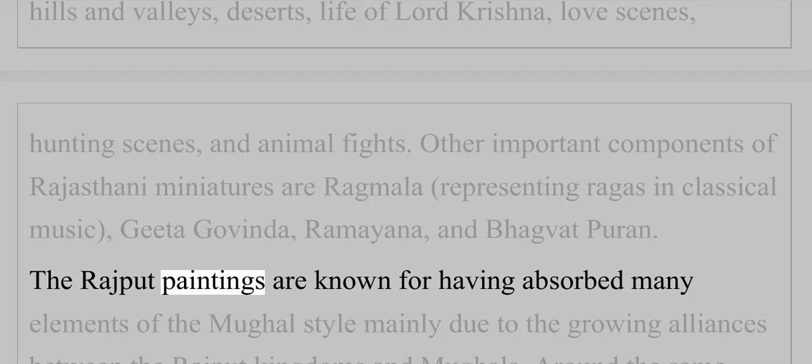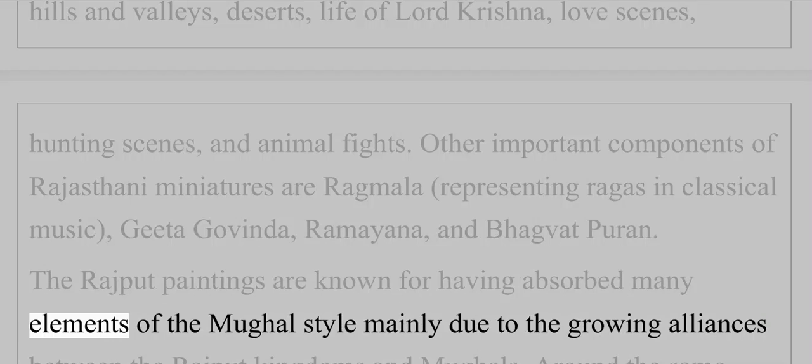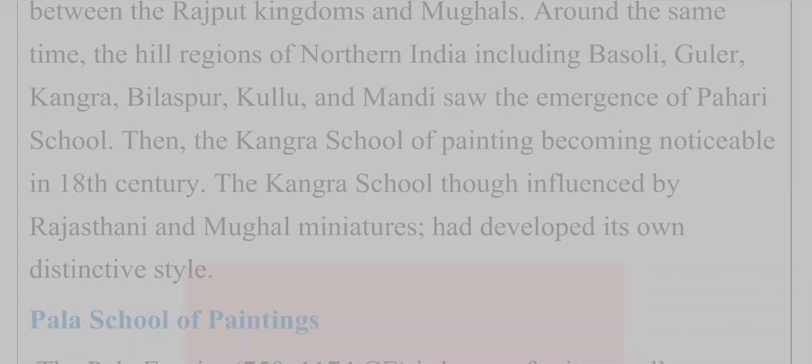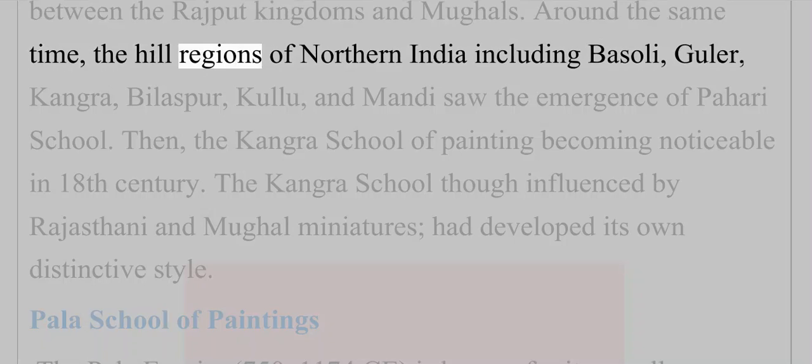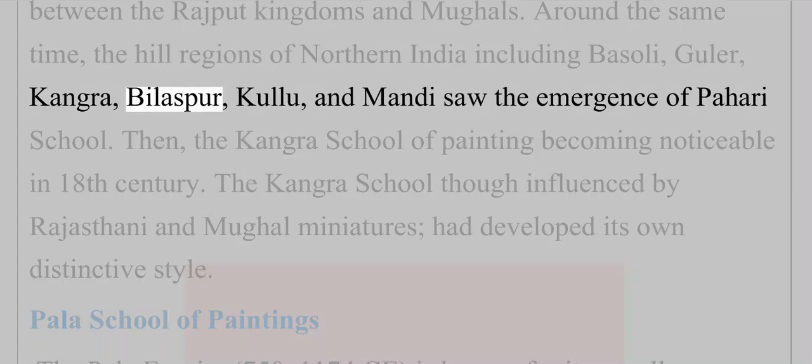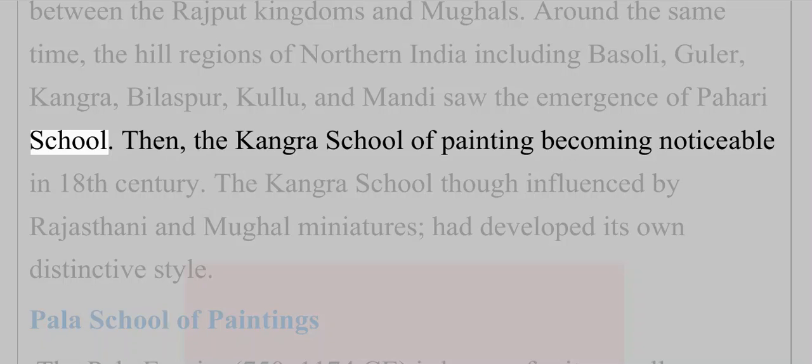The Rajput paintings are known for having absorbed many elements of the Mughal style, mainly due to the growing alliances between the Rajput kingdoms and Mughals. Around the same time, the hill regions of northern India including Basoli, Guler, Kangra, Bilaspur, Kullu, and Mandi saw the emergence of the Pahari school.